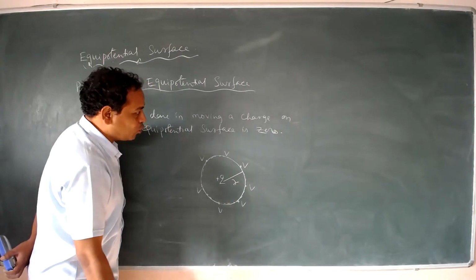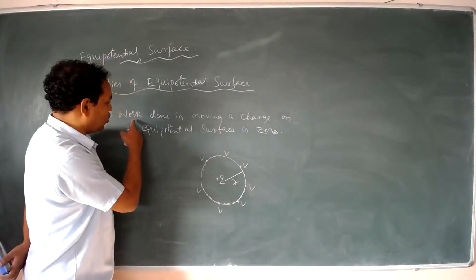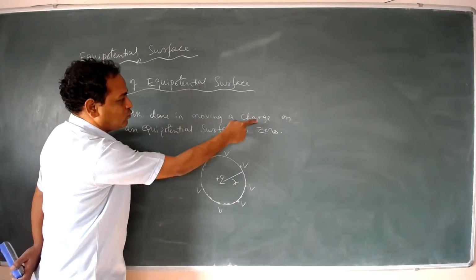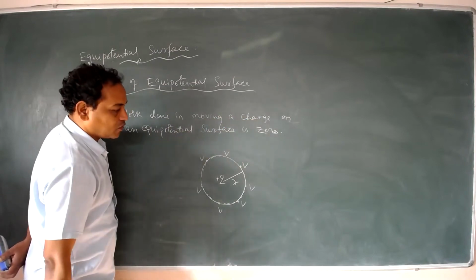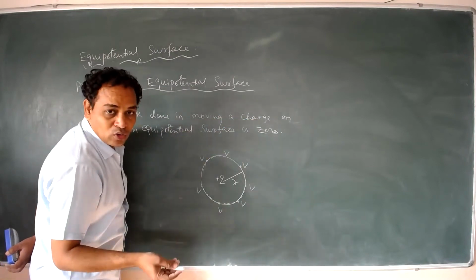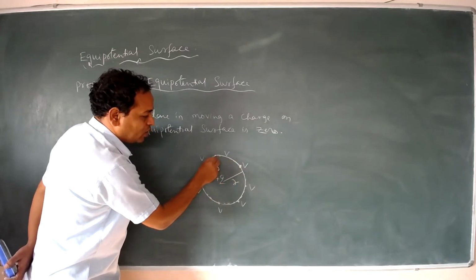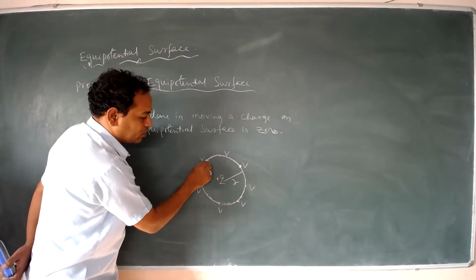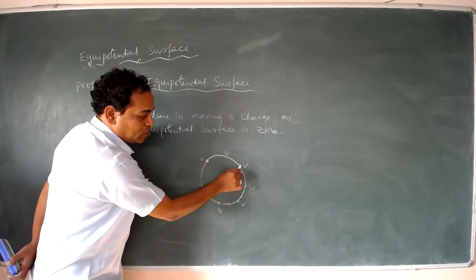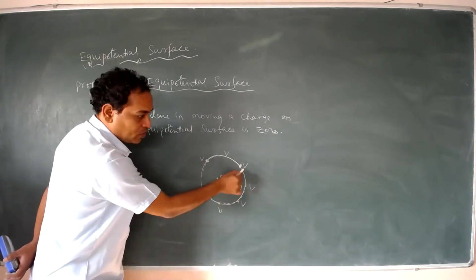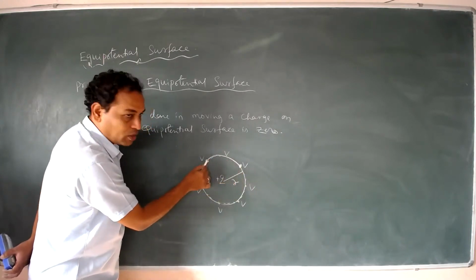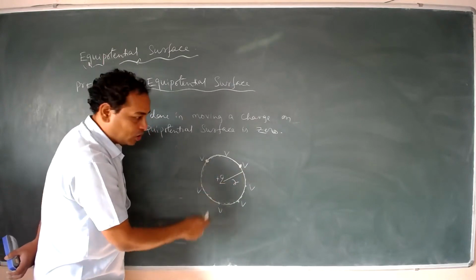Suppose here I am going to move a charge on an equipotential surface, from this point to this point. At this point, what is the potential? V. At this point, what is the potential? V. Both are the same.